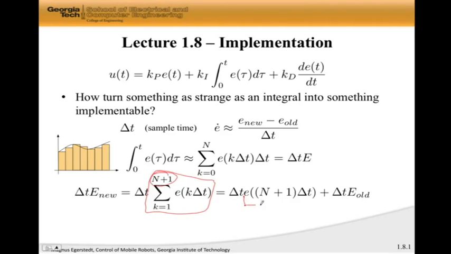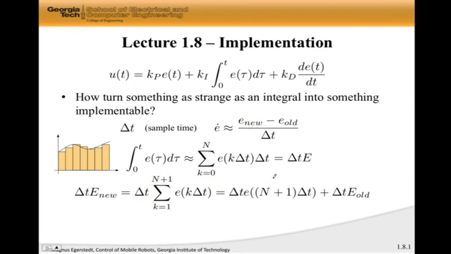So the error at time n plus 1 times delta t. That's the last value that we called little e new up here. Let's pull that out, multiply it by delta t. And what's left is a sum from 1 or 0 to n, which is e old times delta t. So delta t E new is equal to delta t E old plus this guy here.